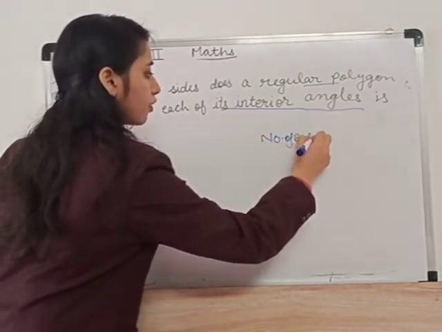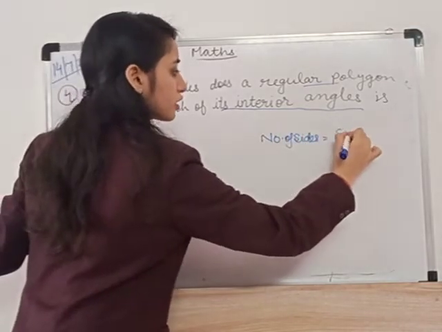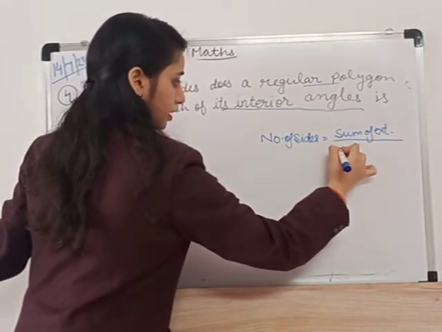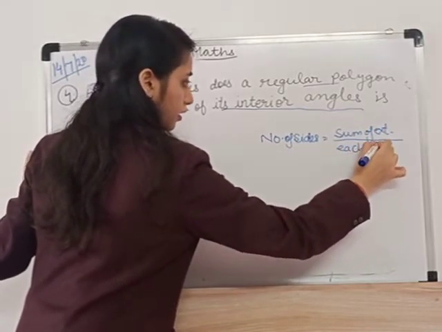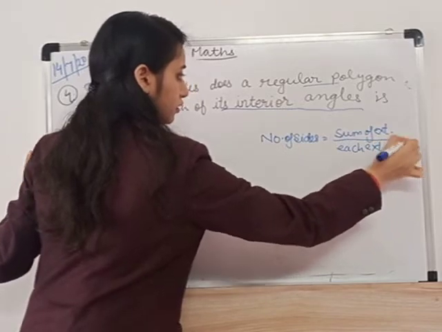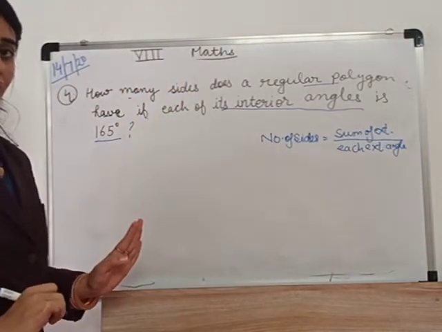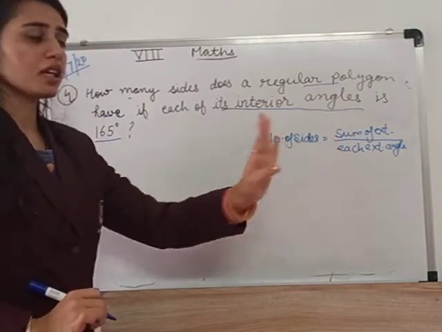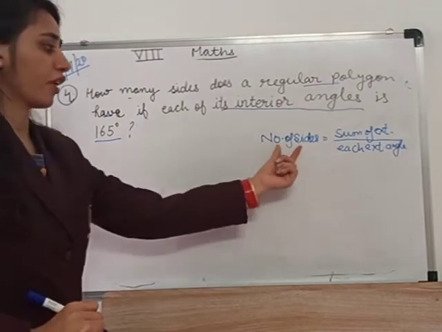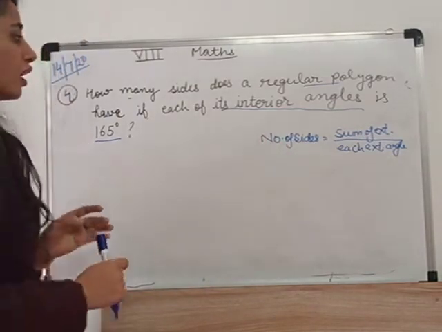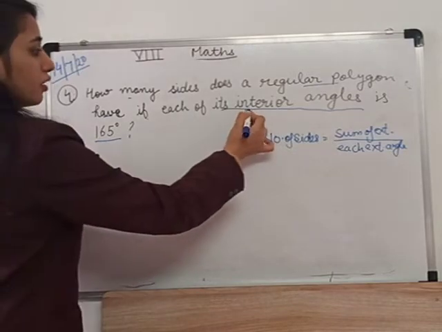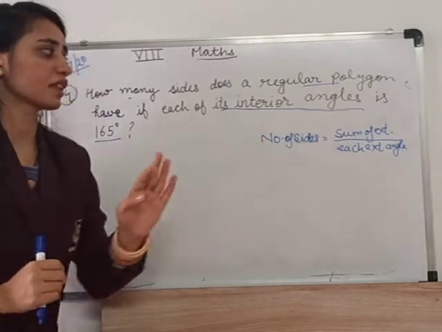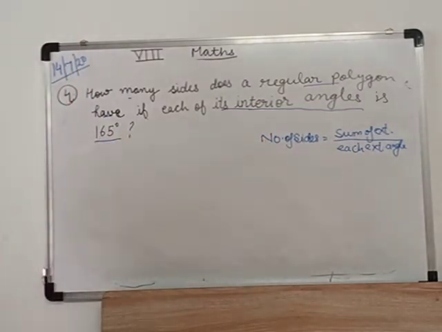Number of sides of any polygon is equal to the sum of exterior angles of the polygon divided by each exterior angle. But in this question, the interior angle is given. Then how can we find each exterior angle by using this interior angle?